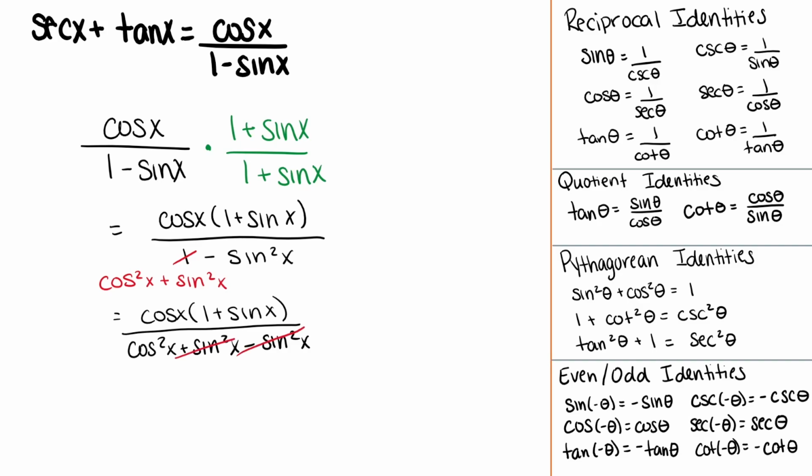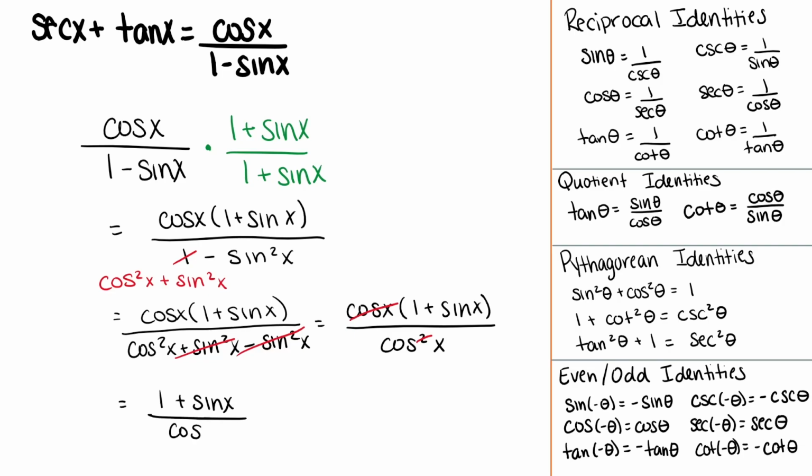Our sine squared x's will cancel. So we're left with cosine x times 1 plus sine x over cosine squared x. Now we can cancel out that cosine in our numerator because we have cosine squared in our denominator. So we're left with 1 plus sine x over cosine x.